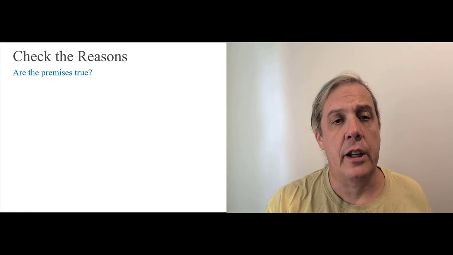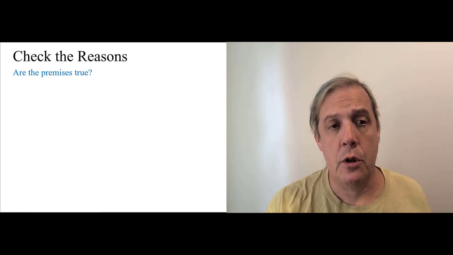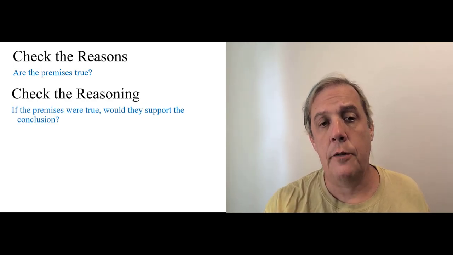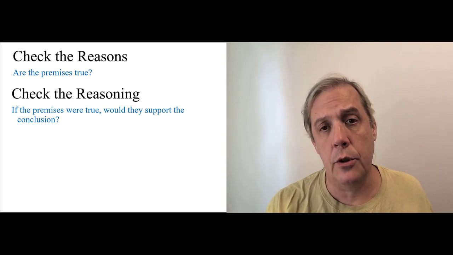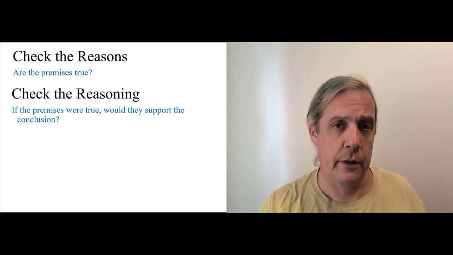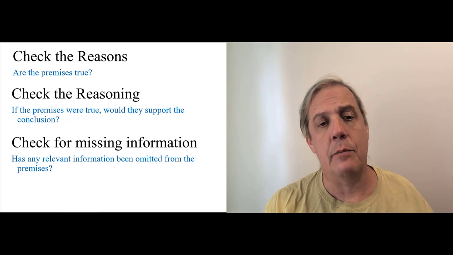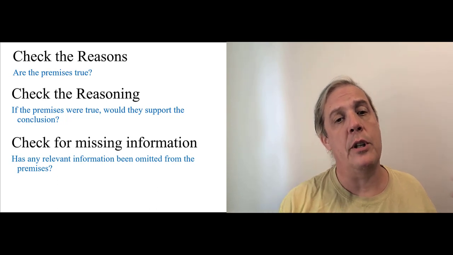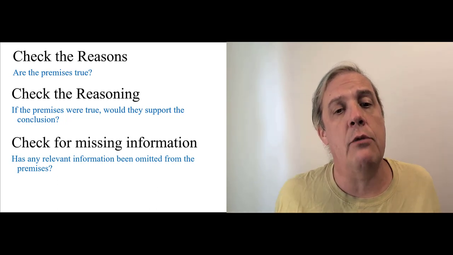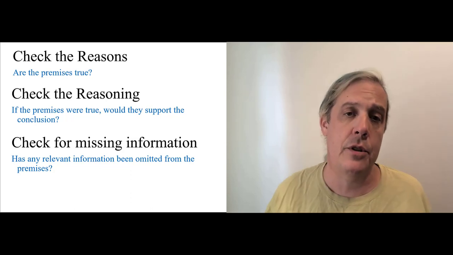You want to be checking the reasons. Are the premises true? Check the reasoning. If the premises were true, would they support the conclusion? That's what corresponds to the previous 2 ideas. And then, because this is a practical course, you want to be checking for missing information. Has any relevant information been omitted from the premises?